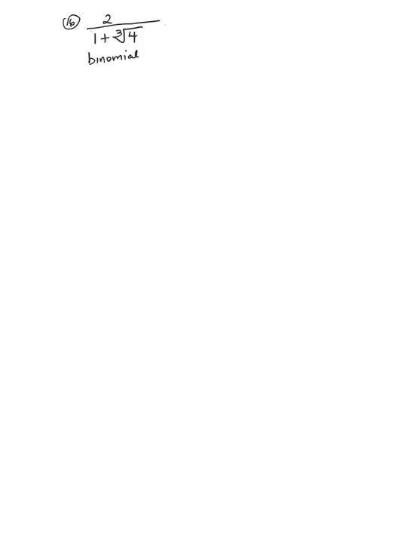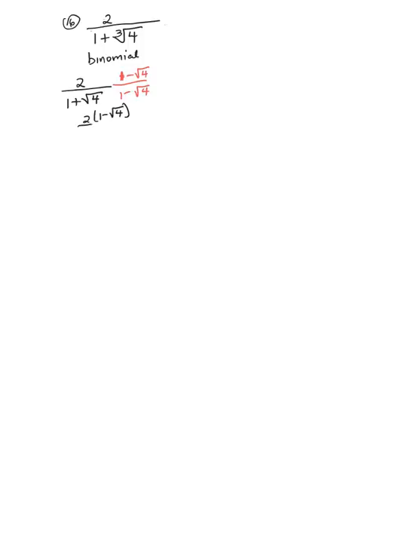Now, recall that when we had just 2 over 1 plus the square root of 4, we multiplied the top and bottom by the conjugate, which was 1 minus the square root of 4 over 1 minus the square root of 4. And that gave us 2 times 1 minus the square root of 4.